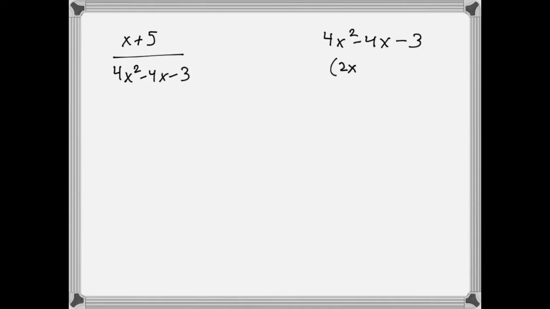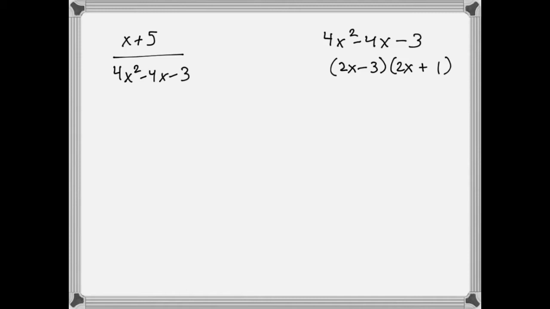We can maybe try 2x, 2x. Let's see, I think that's going to work, right? Plus 3 minus 1. Let me see if that works. I think I got the signs reversed there. Let me see, minus 3 and then plus 1. I think that works. 4x squared minus 6x plus 2x minus 3. Cool.